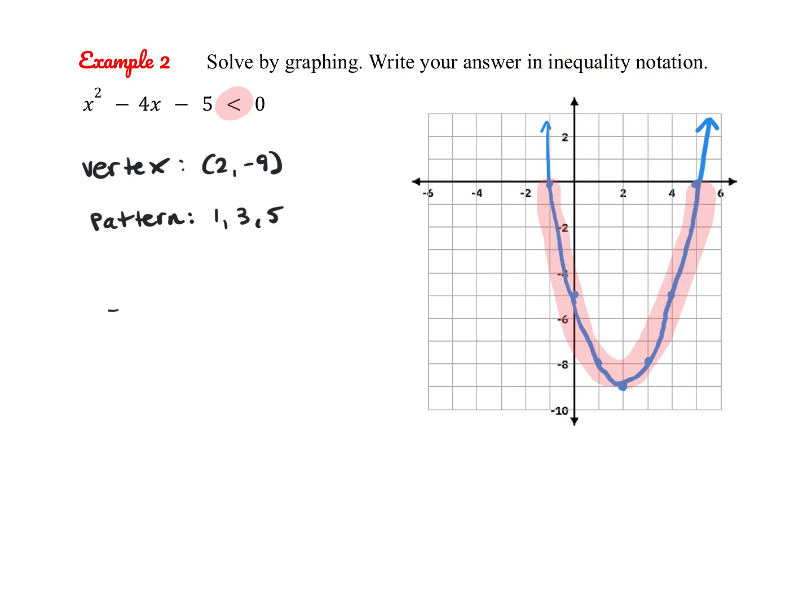So we have -1 is less than x is less than 5. In this case, it's only less than, not less than or equal to, so let's make sure these are non-inclusive. And there you go. So sometimes you can see that our answer will be a single interval, like this example, or like the last example, it may be two separate intervals.